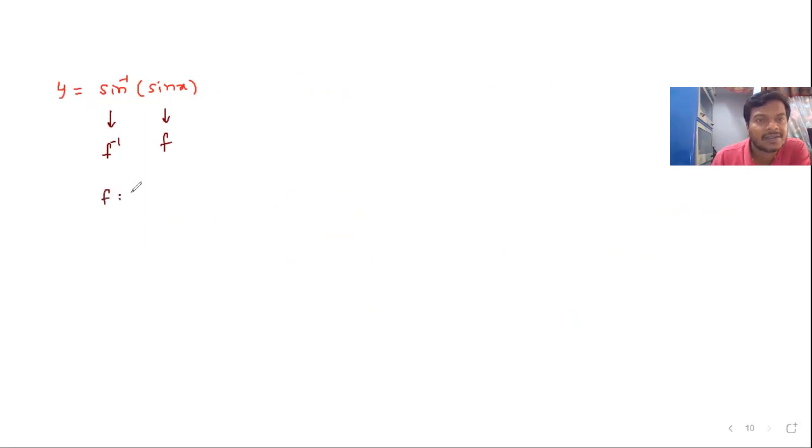The f graph, the sine graph, is defined from R to minus 1 to 1. F inverse is from minus 1 comma 1 to R actually, right? These two are similar, therefore f inverse circle f is defined from R to R.